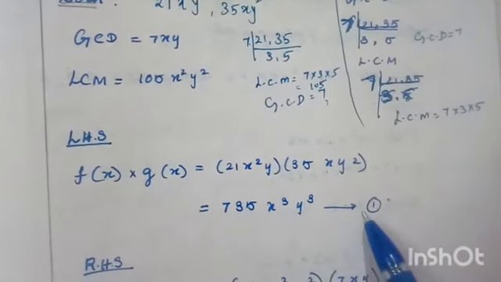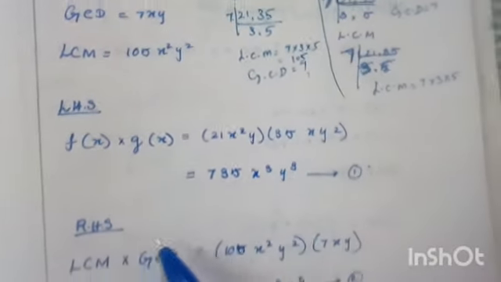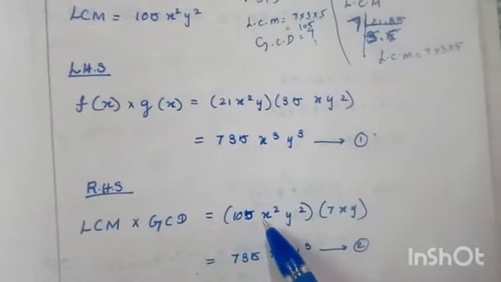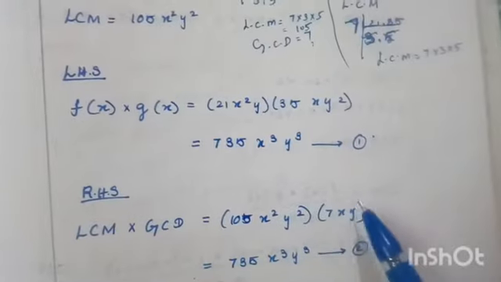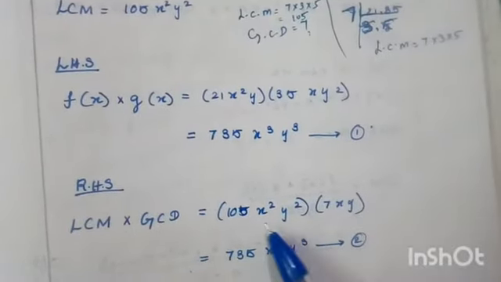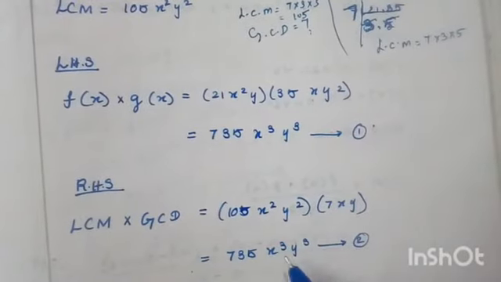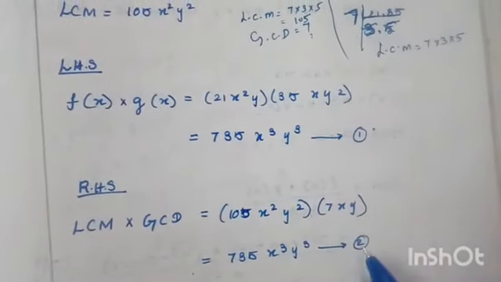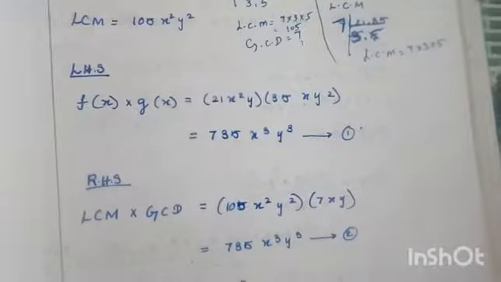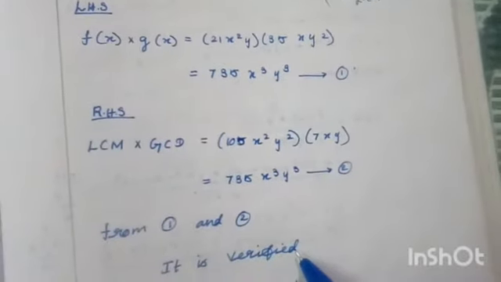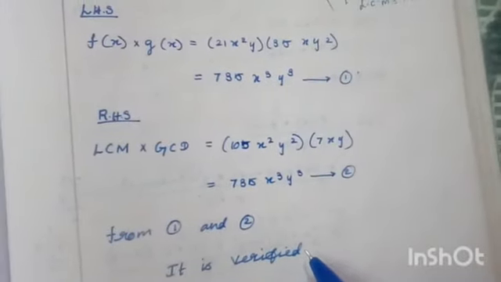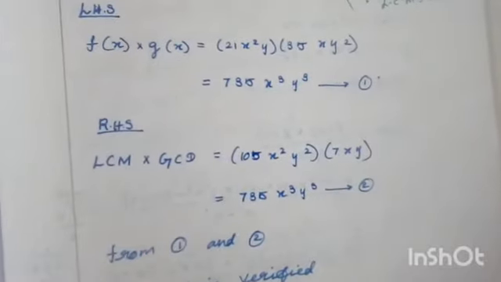Call this equation number 1. Then RHS, LCM into GCD. LCM we found is 105x square y square, GCD is 7xy. 105 into 7 is 735, x square into x is x cube, y square into y is y cube. This is equation 2. From 1 and 2, it is verified: f(x) into g(x) is equal to LCM into GCD.